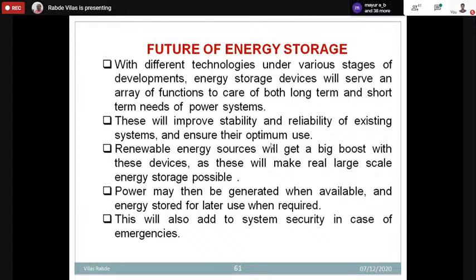Renewable energy sources will get a big boost with these devices, as they will make large-scale energy storage possible. So now I can say it is possible. Power may then be generated when available and energy stored for later use when required. So this is another beauty of supercapacitors. This will also add to system security in case of emergencies.